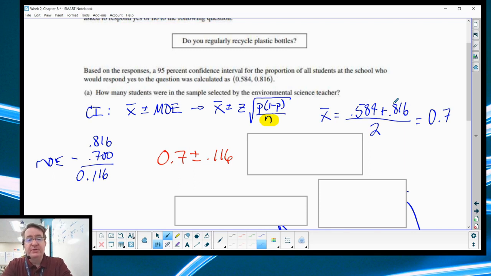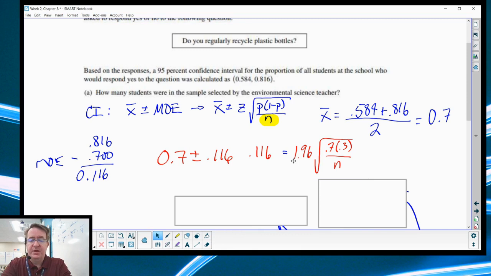Either way, your margin of error is 0.116. Apparently my writing is awful. So we know that this is going to equal 0.116. We don't care about the 0.7 for right now. Actually we do, because we're going to have to use it on the inside. But what we're going to end up doing here is say, okay, this 0.116, the margin of error, is equal to my z-score. Since it's 95%, we're going to use 1.96.